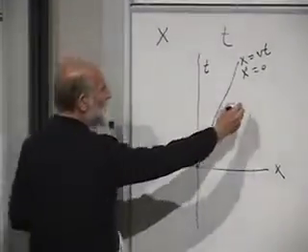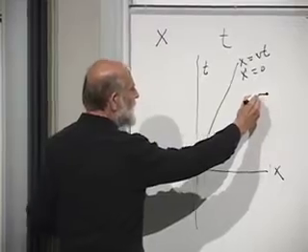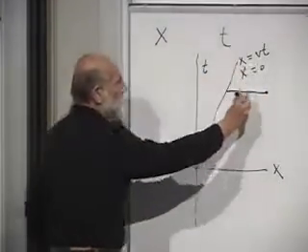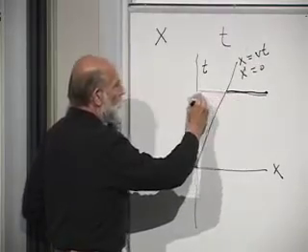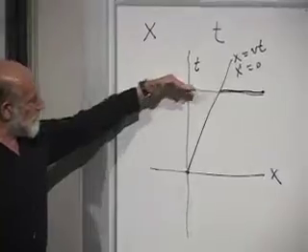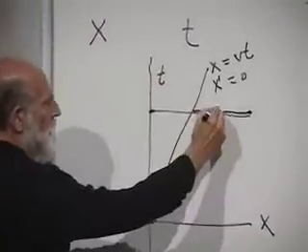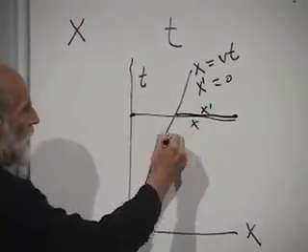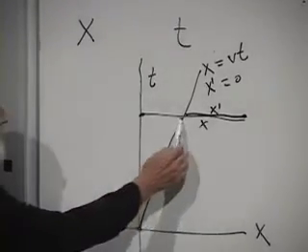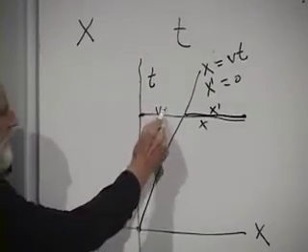The x prime coordinate is the distance from my origin. The x coordinate is the distance from your origin. The upper one here is x prime, the lower one here is x, and they differ by an amount vt.